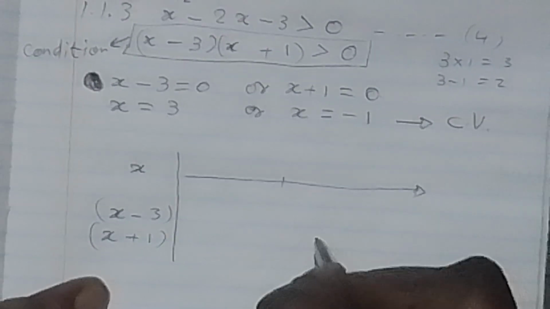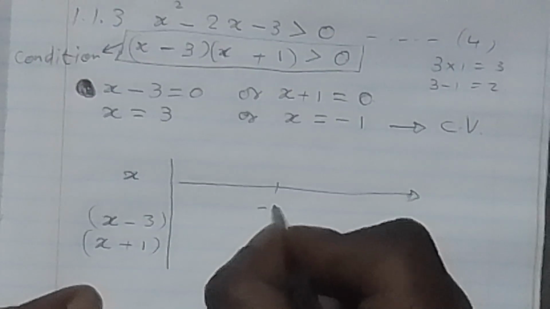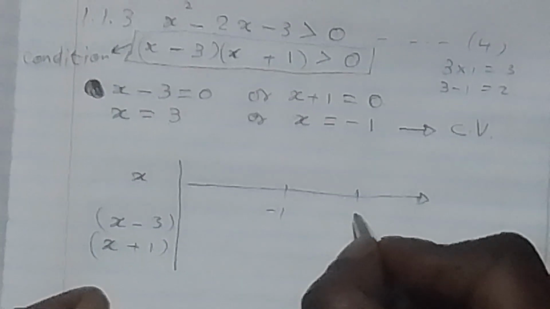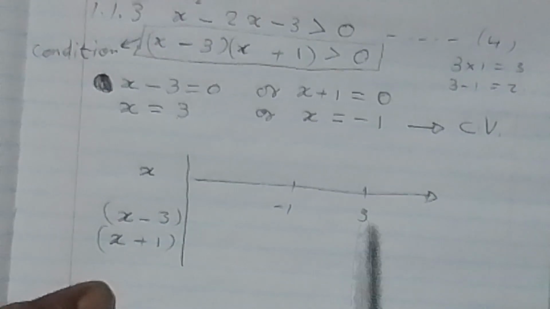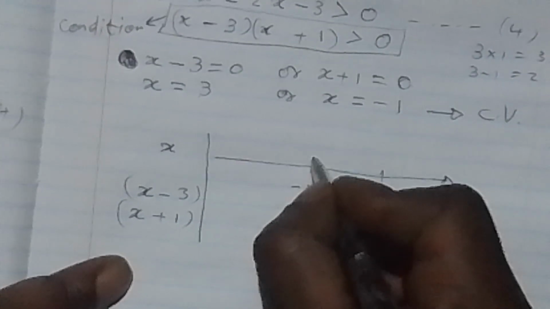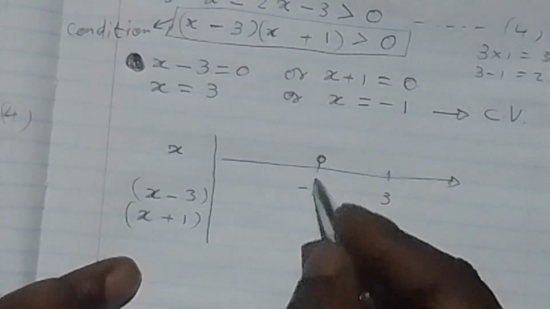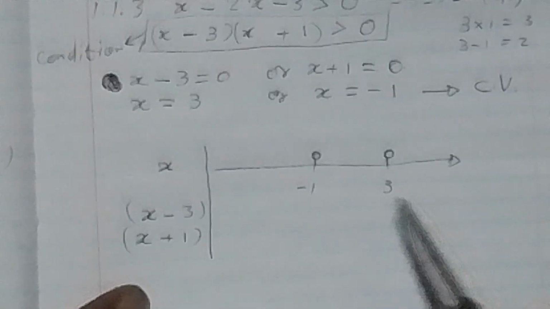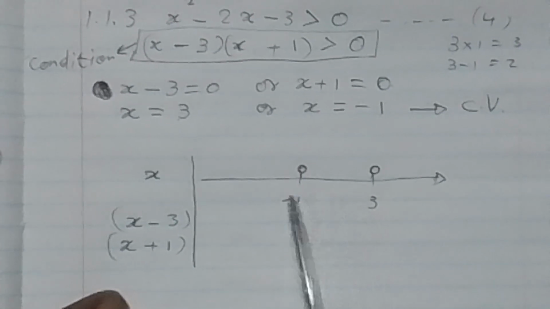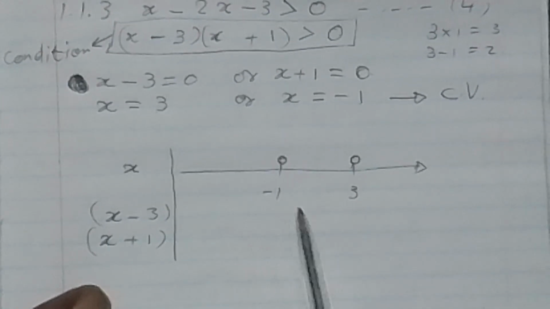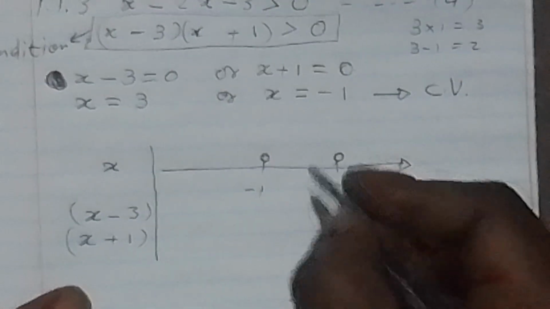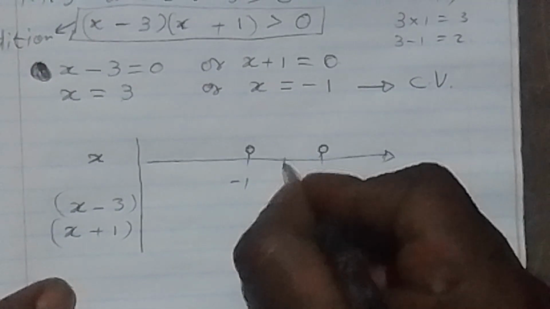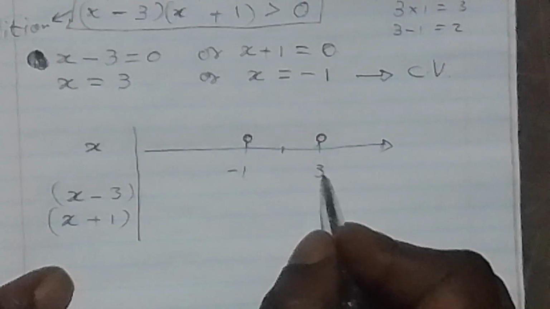So you take your minus 1 here, you take your 3 here. Before you can do anything, just put a small circle on these critical values. This means you are not going to include these two values. It is exclusive. Just grab any number between minus 1 and 3.